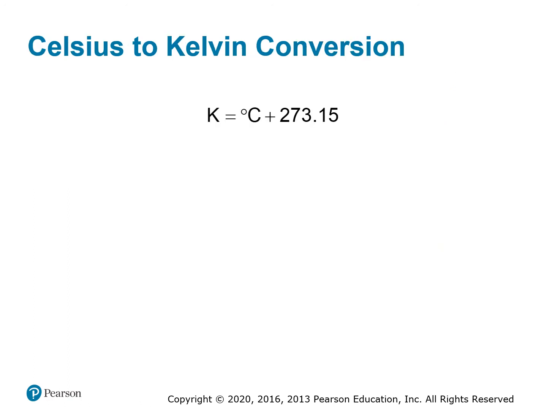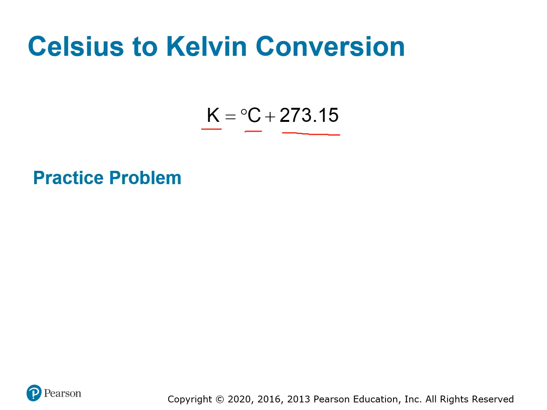You are expected to know Celsius to Kelvin conversions in the class. So Kelvin is degrees Celsius plus 273, and to be very precise, sometimes the book uses 273.15, so we will use that as well.